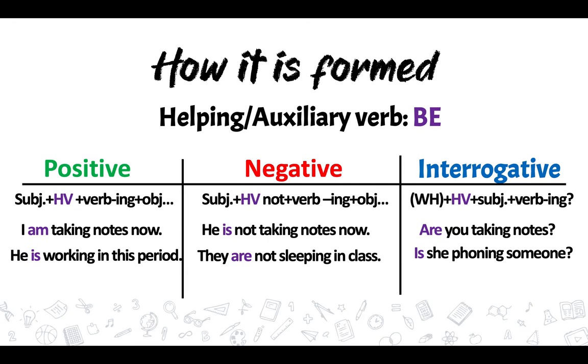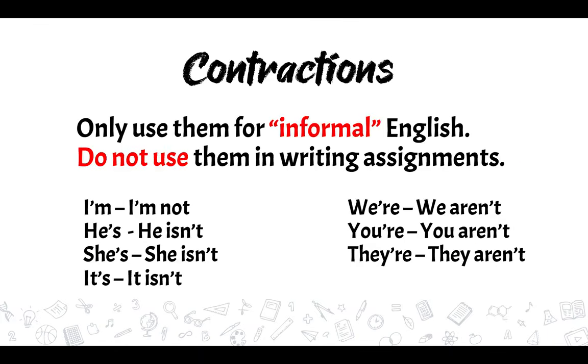Then goes the subject. And then goes the ing verb. And then whatever is next. So for example, are you taking notes? Are you taking notes? It's a question, right? Is she phoning someone? Is she phoning someone? Okay, so that's good. Now, the contractions.